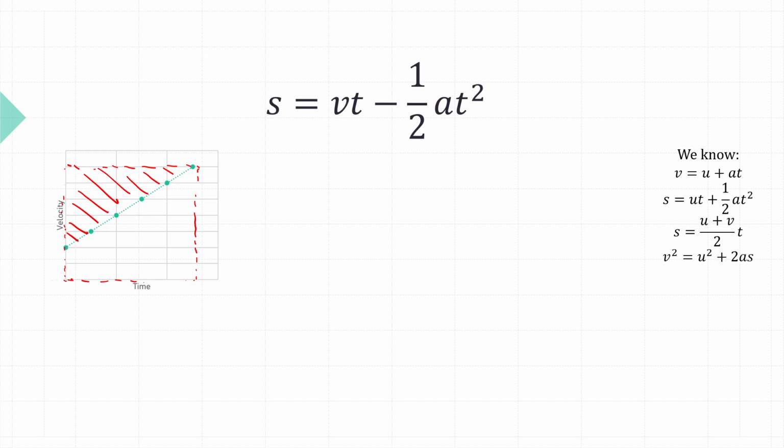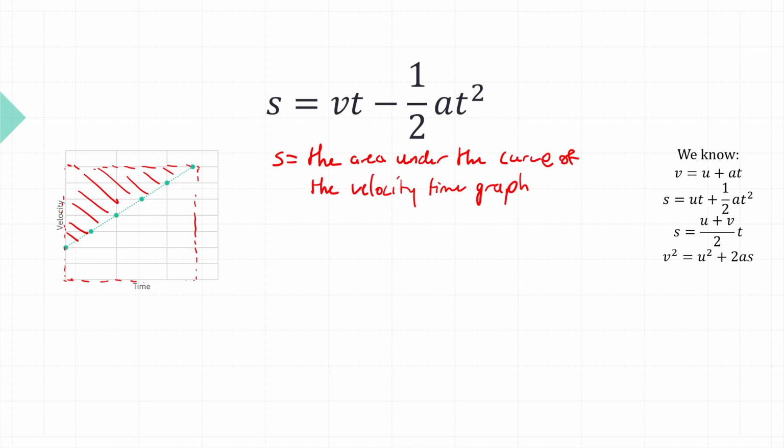So in this case, we still run with that s is equal to the area underneath the curve of our velocity time graph. But this time we're going to say that s is equal to the area of the rectangle, take away the area of the triangle. We still have our u, our v, and our t. We can say that the area of the rectangle is equal to, this time, v times t.